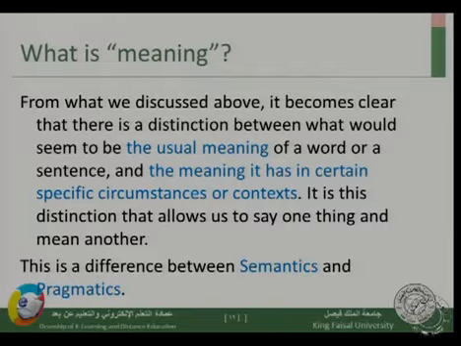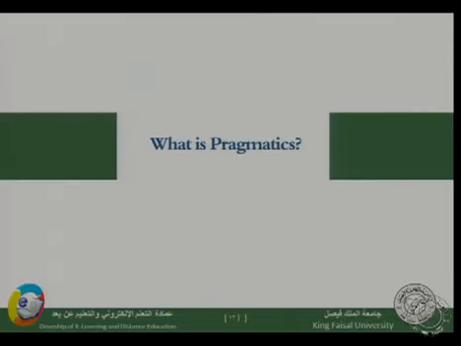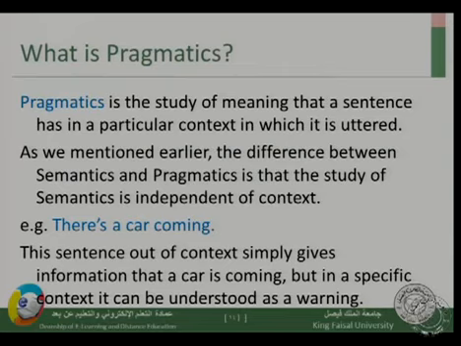And this distinction is what allows us to say one thing and mean another. You can say something like "nice day," but actually mean no, this is not a nice day. As I said, this is the difference between semantics and pragmatics. So what is pragmatics? This is the last point we're going to talk about here.